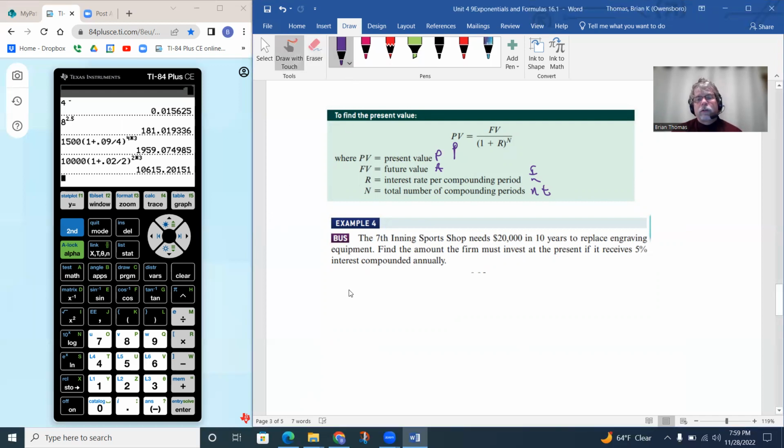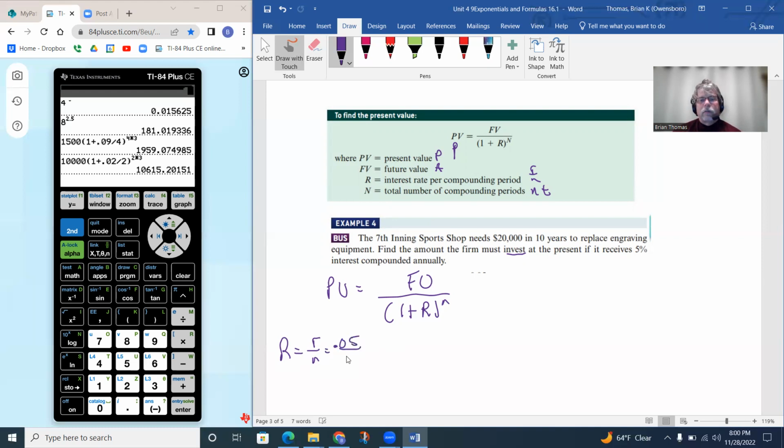So what they want to know is we need to end up with 20,000. What we're asked to find out is, what do we need to invest now? So this is going to be this present value equals the future value over 1 plus R to the N. So again, R represents R over N. So notice our rate was 5%.